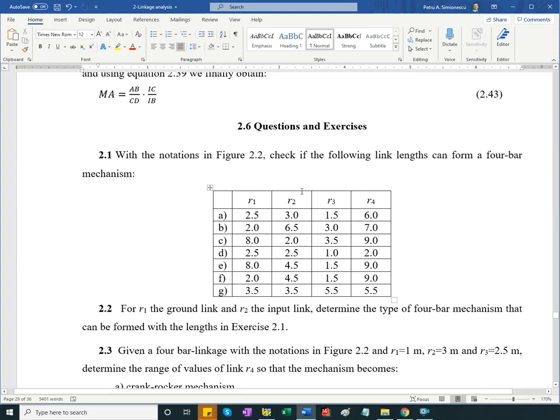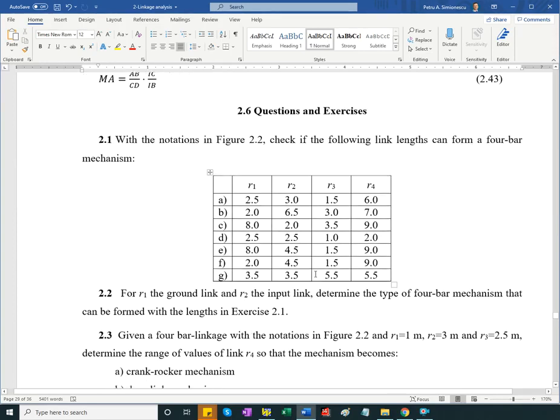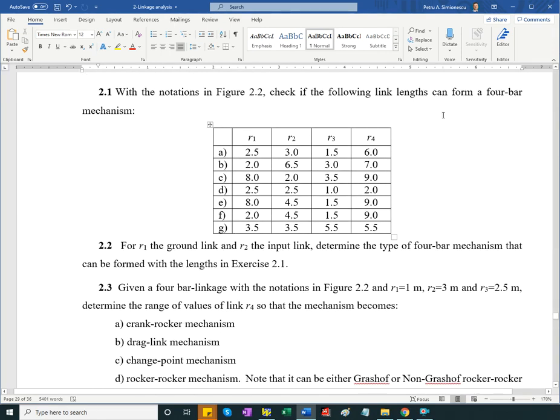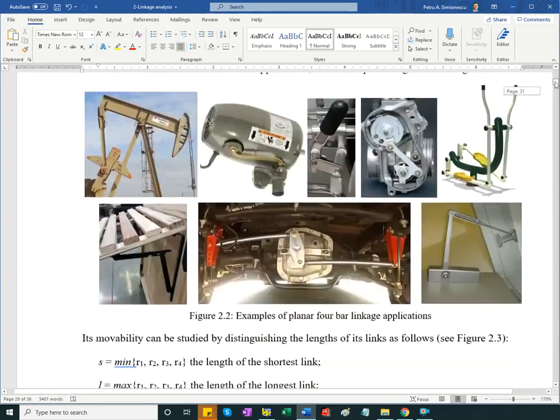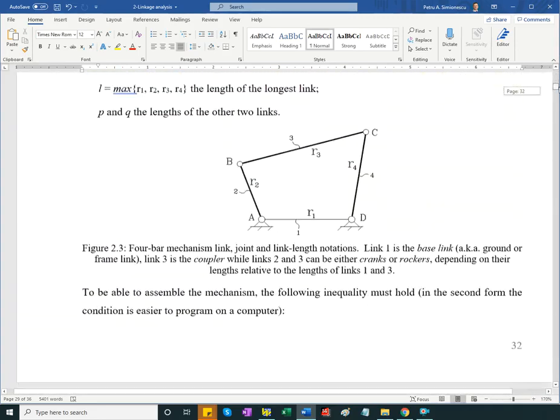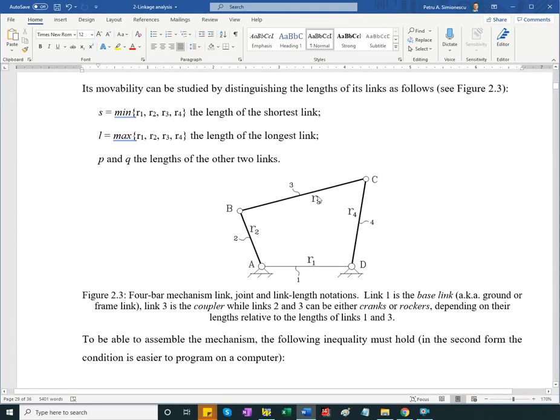Okay, there are a few pages of examples, or rather questions and exercises from the earlier part of the chapter, like checking if a 4-bar mechanism can assemble, or if link number 2 can perform a full rotation. We are going to stick with this standard drawing for a 4-bar.